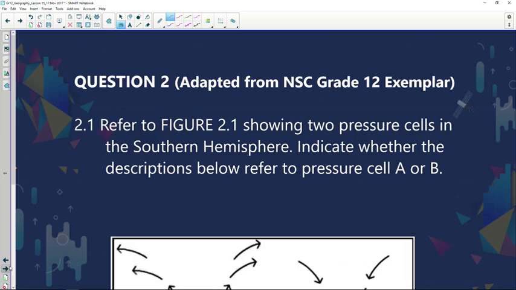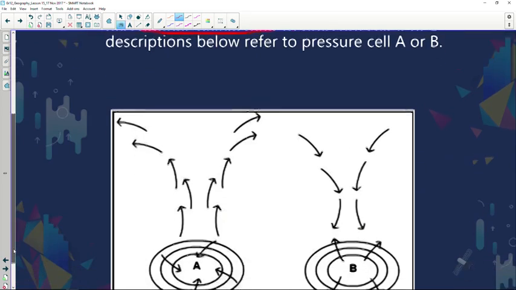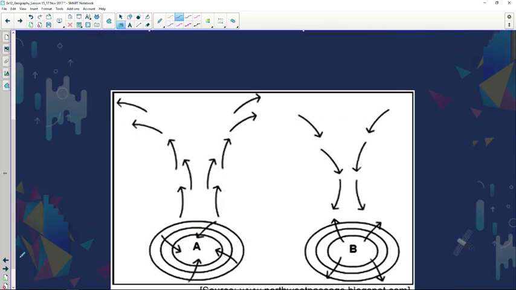Question 2.1. Refer to Figure 2.1 showing 2 pressure cells in the southern hemisphere. Now there's your first tip: southern hemisphere. Indicate whether the descriptions below refer to pressure cell A or B. Let's quickly have a look at the pressure cells. The first one, as you can see, is rising air.